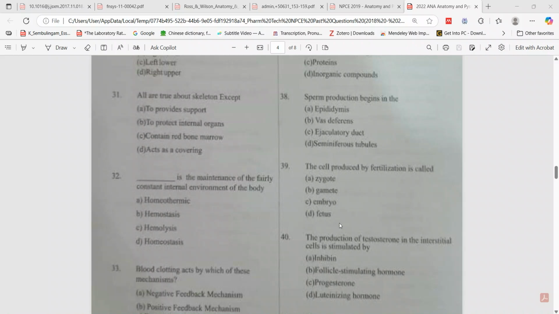The production of testosterone in the interstitial cells is stimulated by luteinizing hormone. Luteinizing hormone. Follicle stimulating hormone will stimulate the production of spermatozoa, while testosterone production will be stimulated by luteinizing hormone.